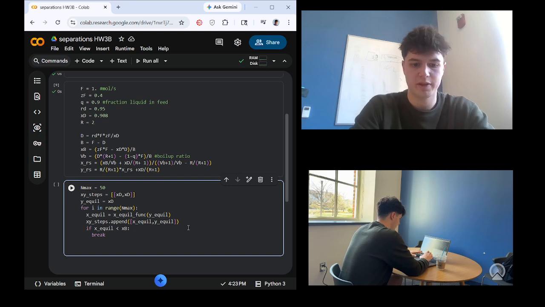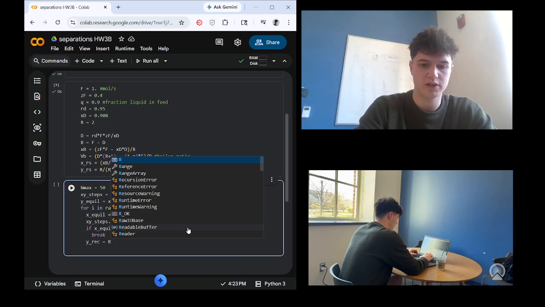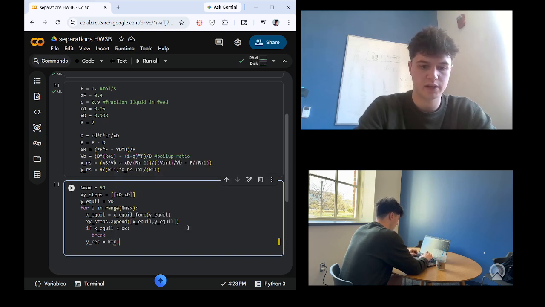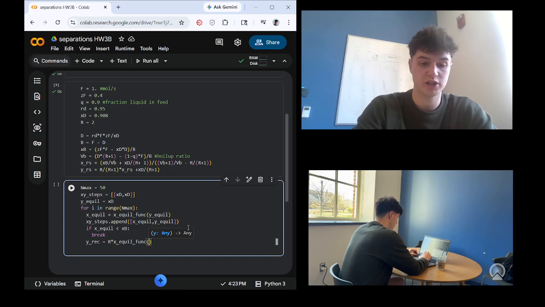Get out of the loop, and then we want y underscore, and this is going to be equal to our reflux times our x underscore equilibrium function.